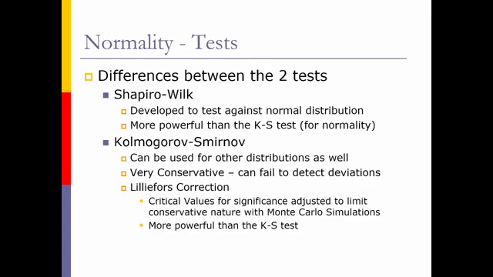So sometimes the Kolmogorov-Smirnov does not detect deviations from any particular distribution. So you can do a Lilliefors correction, and that's going to really assist the Kolmogorov-Smirnov in being similar to the Shapiro-Wilk in terms of power.